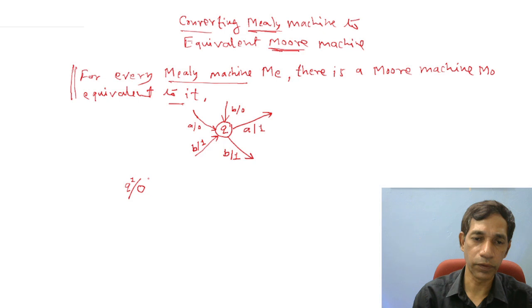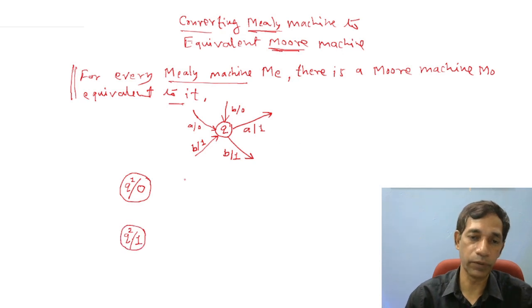We can say 0. One output is 0, so this is one copy, and the other output is 1. So we have the state Q1, and this is the second copy. Here output is 0 and here output is 1. So we have the two copies of this state Q.